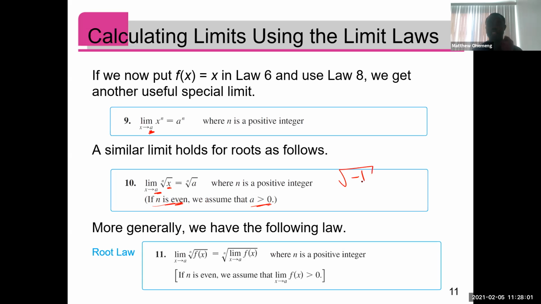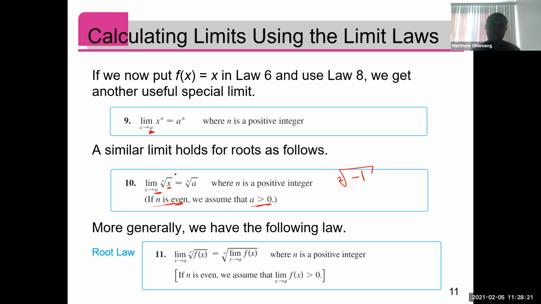That is not a real number, right? That's i, a complex number, an imaginary number. We are not dealing with imaginary cases here, so for an even root, we expect a to be positive. That's what this is talking about, right?